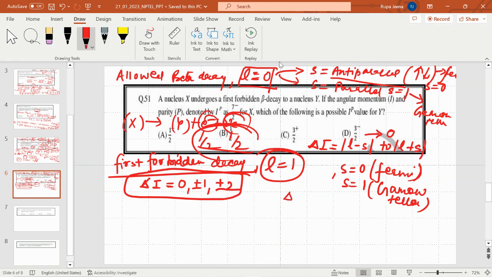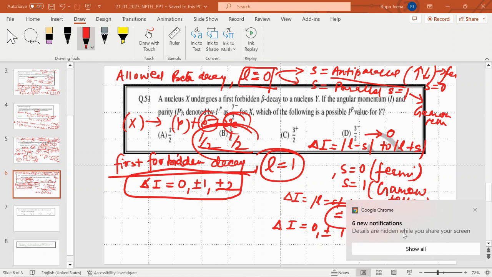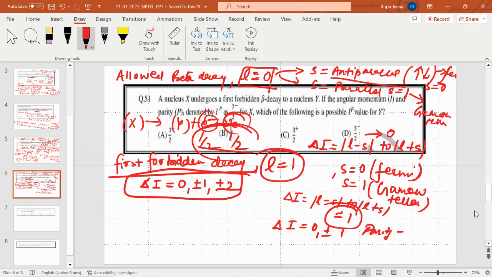But take the other case when L is equal to 0 and S is 1. Again the same thing, it will give you 1. So delta I can take value 0 and plus minus 1. And there is parity. How will you define parity? Minus 1 raised to the power L, right?